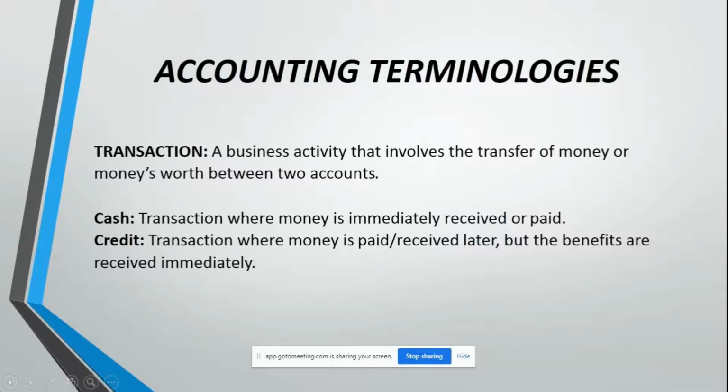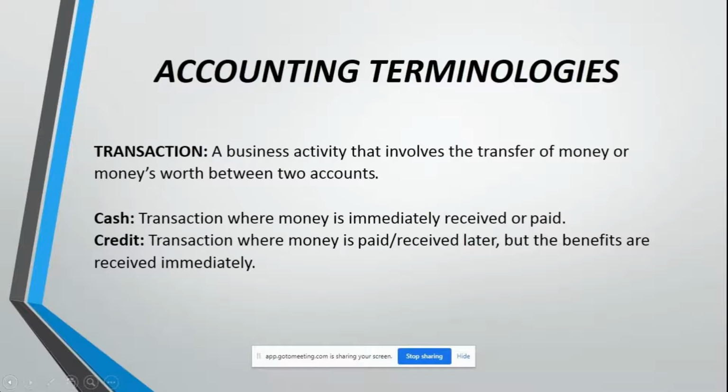What about the credit? Credit is nothing but where the money is paid or received later, but the benefits are received immediately. In the sense, I purchase the goods from my supplier, I receive the stock, but I will make the payment at a later date.